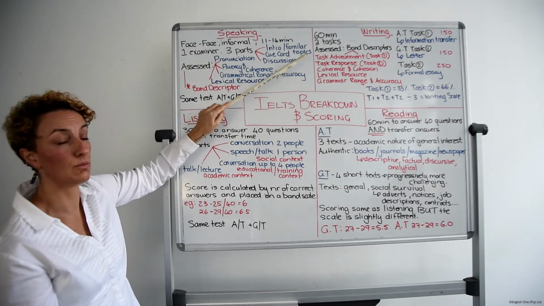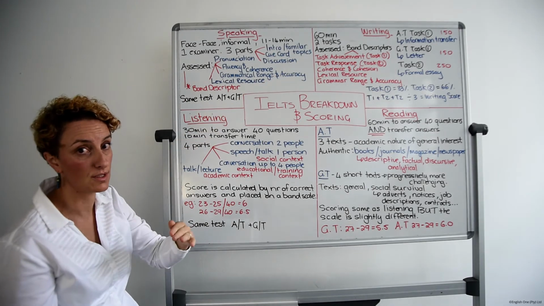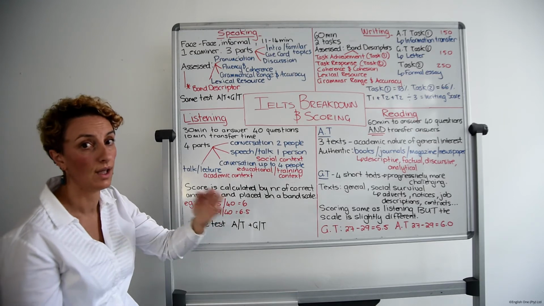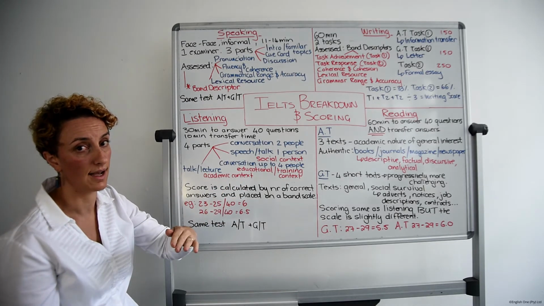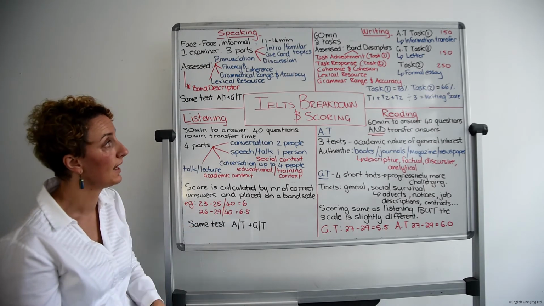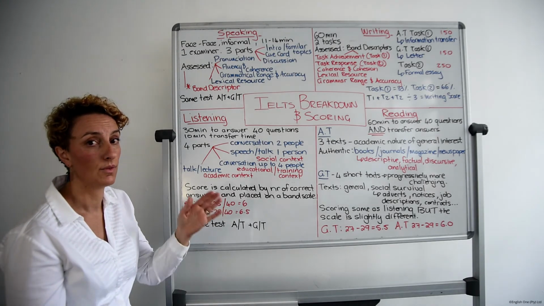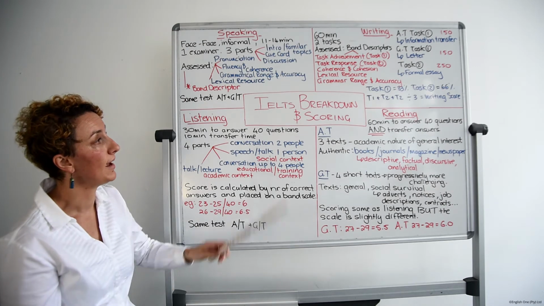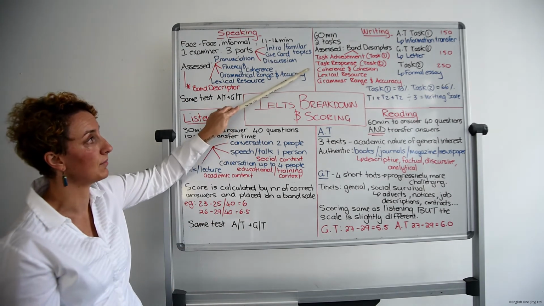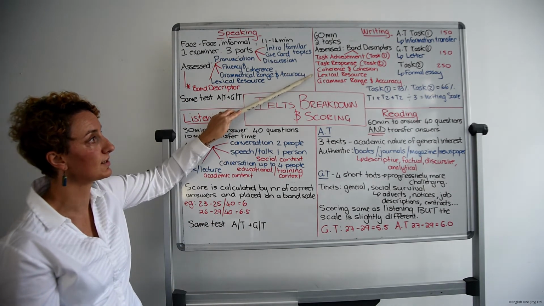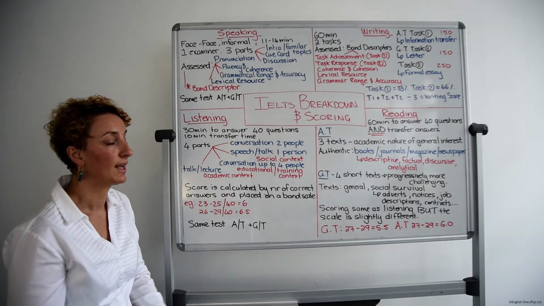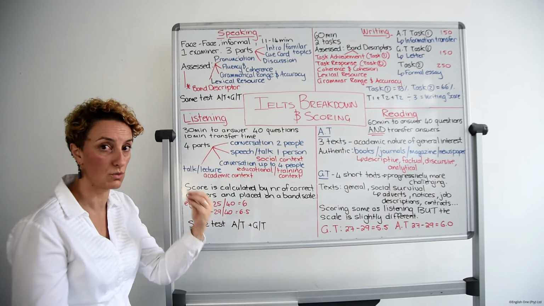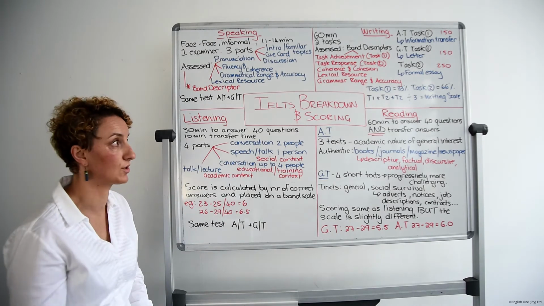Now remember that it will be slightly different because there are 2 different tasks for the general and academic test for task 1. But for task 2 and the rest of the criteria, it's the same: coherence and cohesion, lexical resource, grammar range, and accuracy. There is a descriptor for task 1 and a different one for task 2.